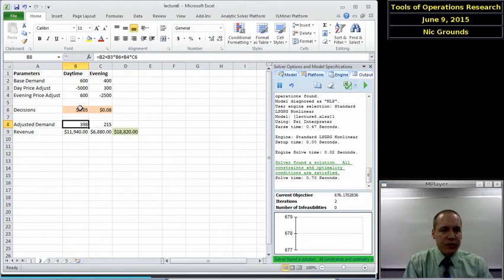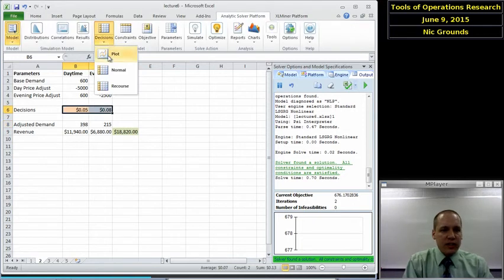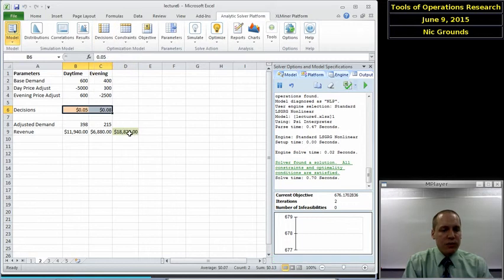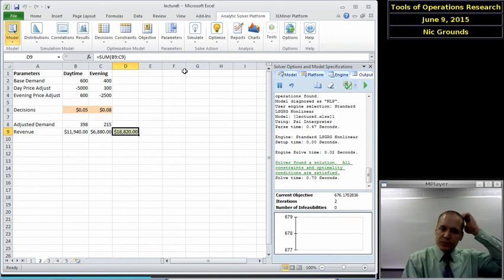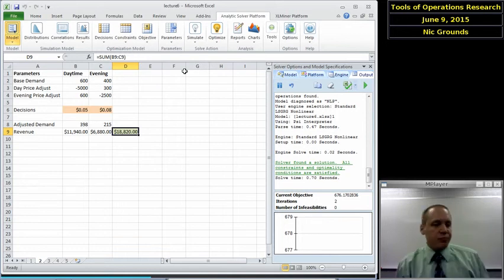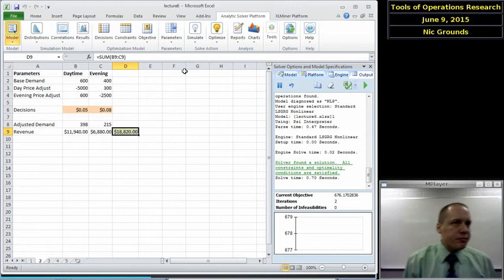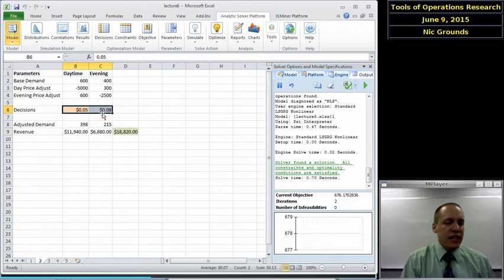So all we have to do is mark the decision variables as our decision variables and mark the objective as what we're trying to maximize. Again, it wouldn't make sense conceptually for the decision variables to be negative.